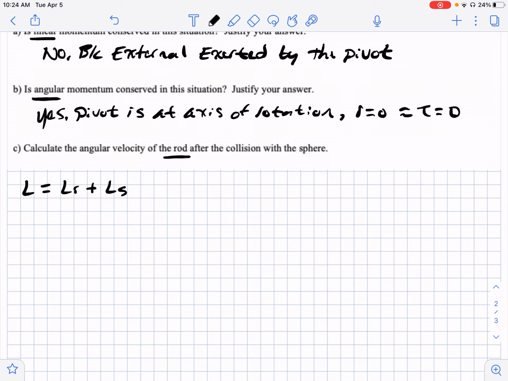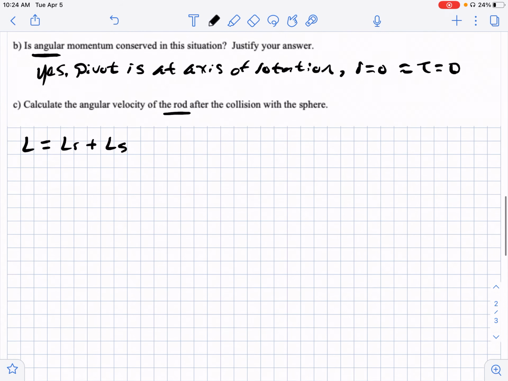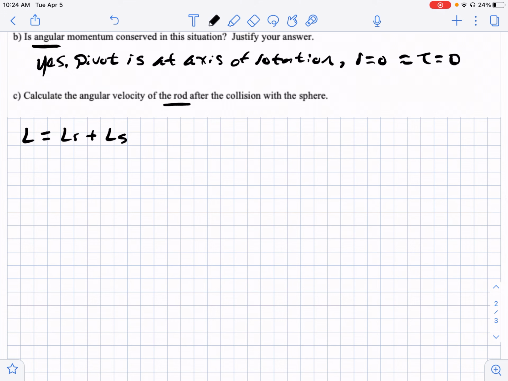Remember, if an object that's moving in a linear direction has a linear velocity causes an object to rotate, like this sphere will, then it does have that angular momentum. So we underline the word "at rest." That means that the angular momentum of the rod is just 0 because it's not moving, plus the angular momentum of our sphere.